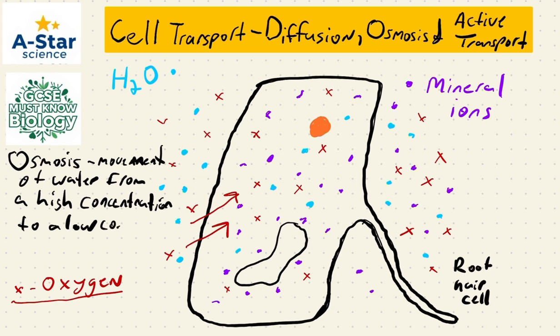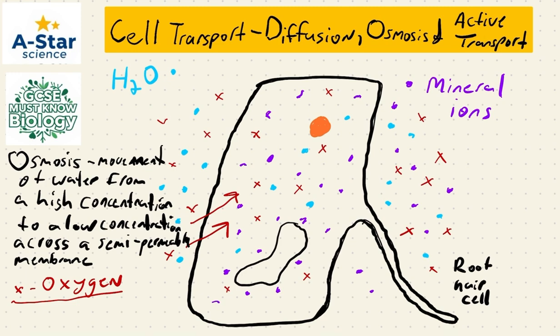Don't forget, we need to add that term in at the end, across a semi-permeable membrane, meaning a membrane that has holes in it. A membrane is simply a covering to something. And in this case, the cell membrane is the part of the cell that exists underneath the cell wall in a plant cell. So osmosis is movement of water from a high concentration to a low concentration across a semi-permeable membrane.